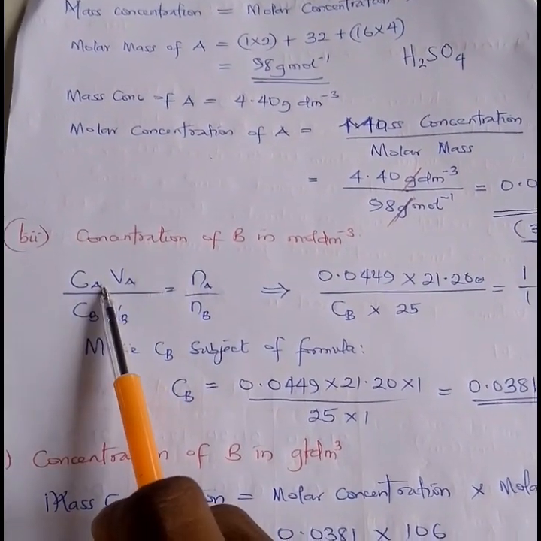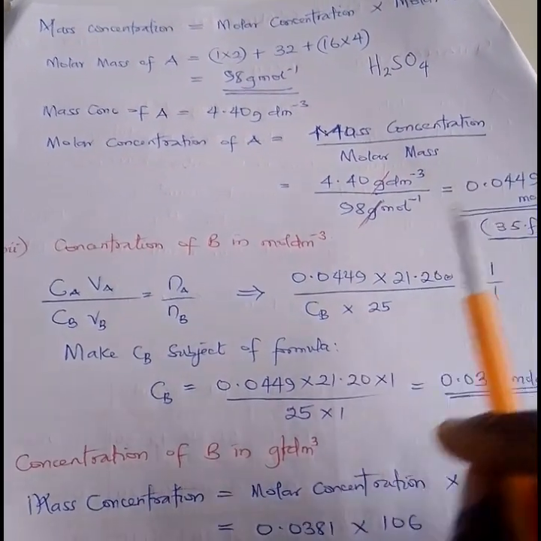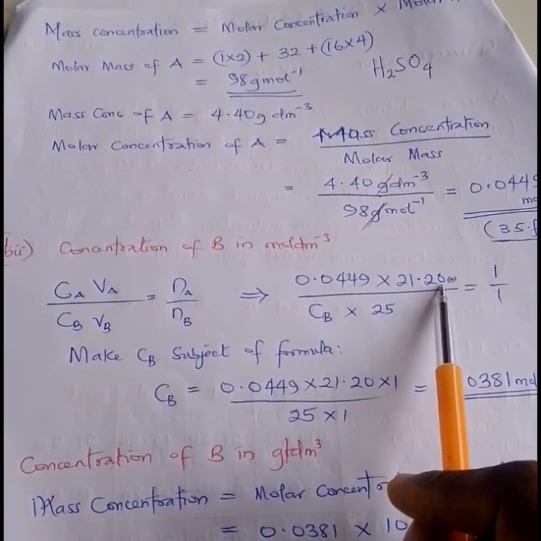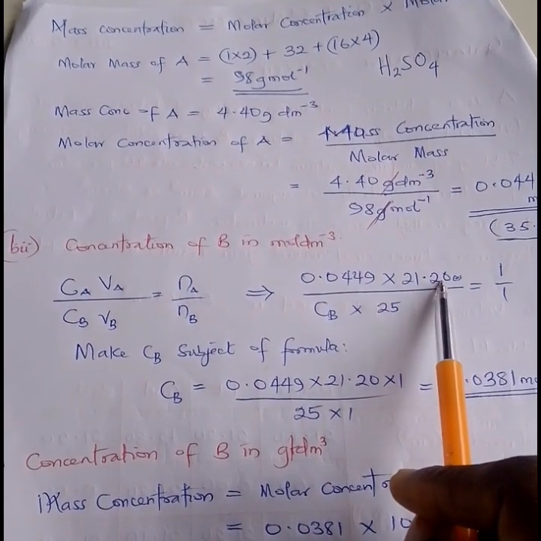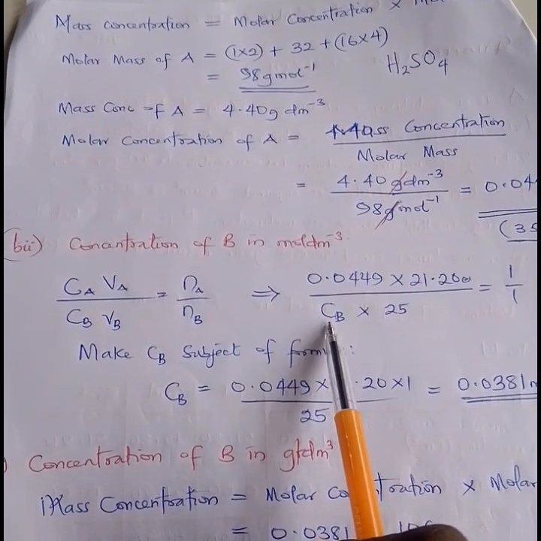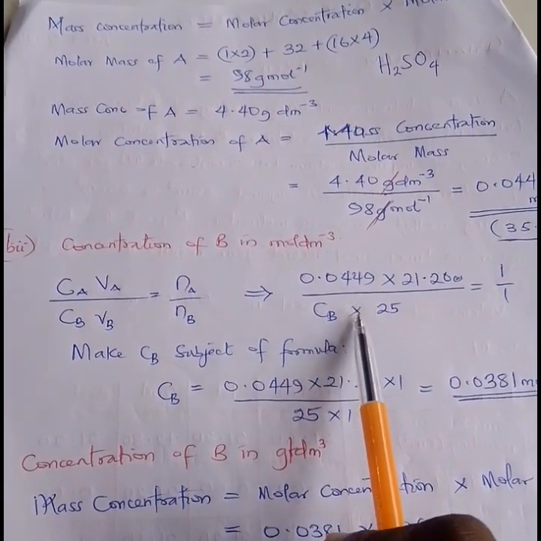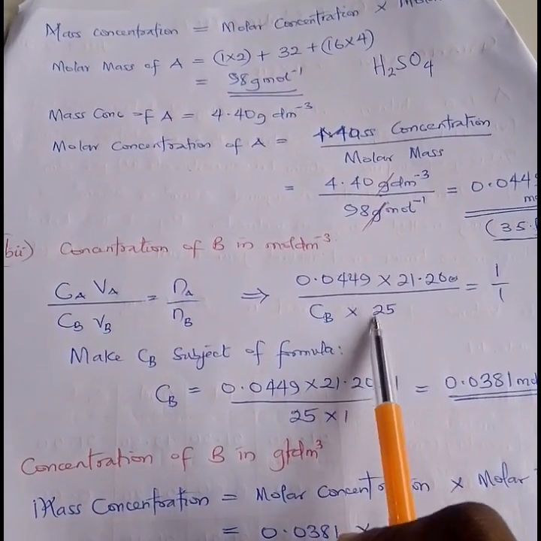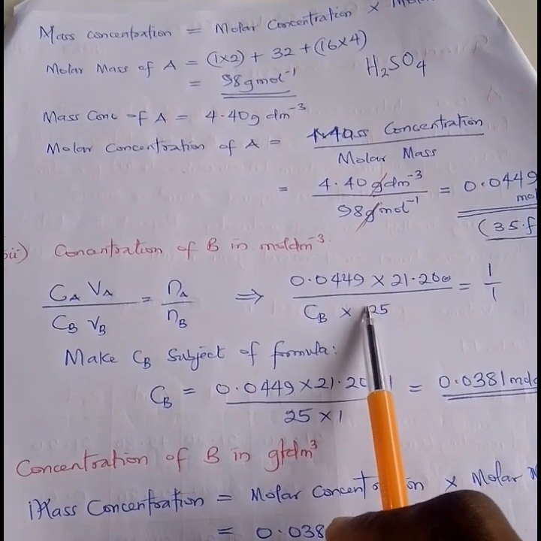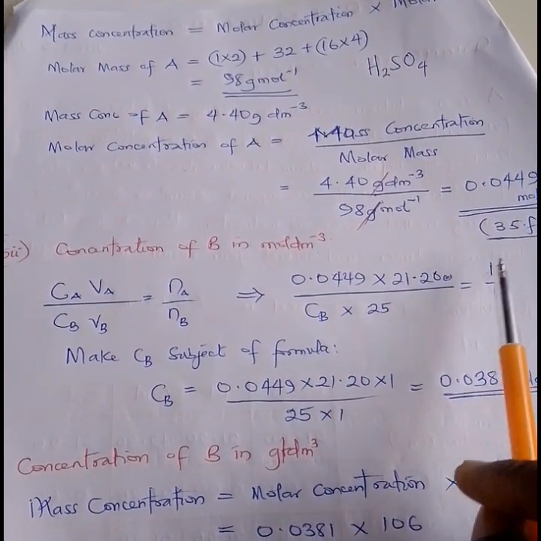So our CA was calculated to be 0.0449, that's what we have here, times 21.20. Don't forget that was our average titer value, over CB, the concentration of base in mole per dm cube, that's what we are looking for, times 25. 25 is the volume of the pipette that was used to take the sodium trioxocarbonate, equal to 1:1.